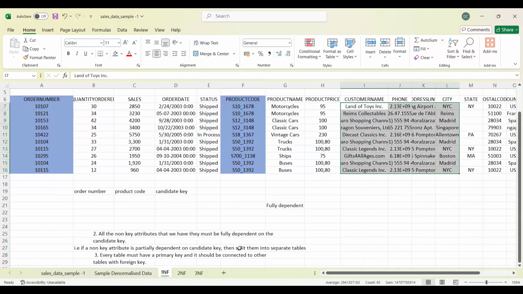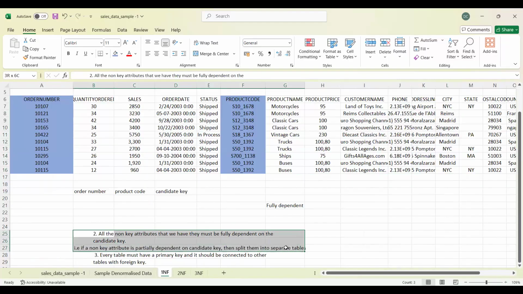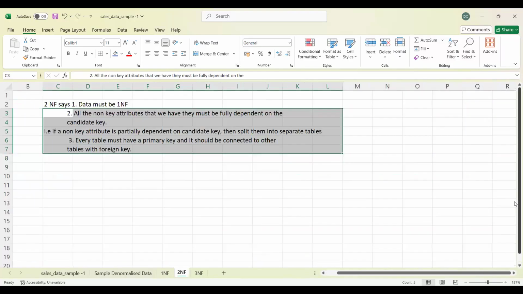So in that case, we will split them into separate tables. Now we need to divide this complete table into separate tables. For this second rule, all the non-key attributes should be fully dependent. If not fully dependent, we need to divide them into separate tables. So in 2NF, basically we will divide this data.